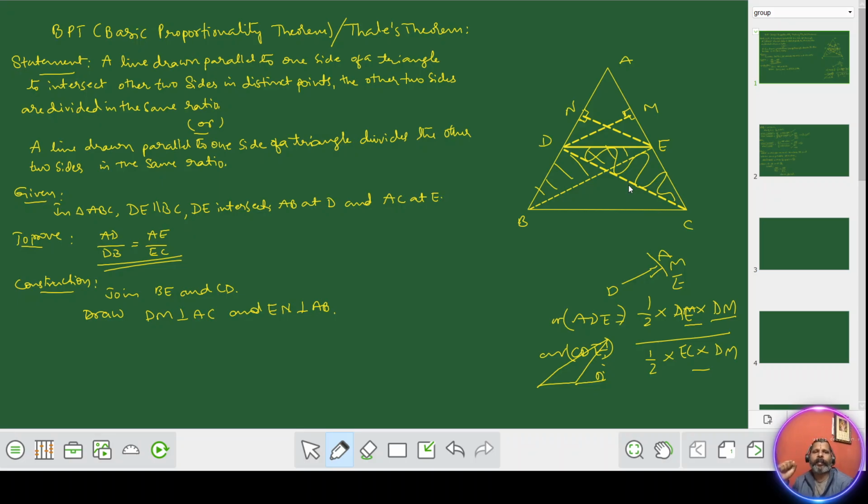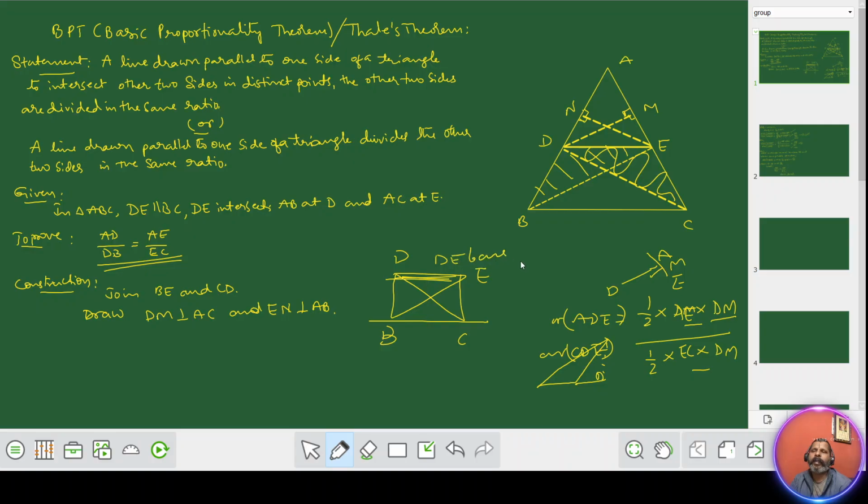How do we prove that area of BDE and CDE are equal? If you remember, in the 9th standard we have studied that if two triangles are on the same base and between the same parallels, their areas are equal. So for us, these two triangles BDE and CDE are on the same base. What is the base?